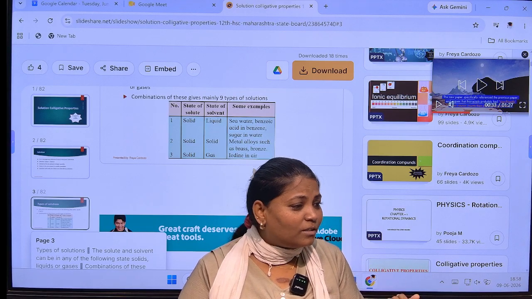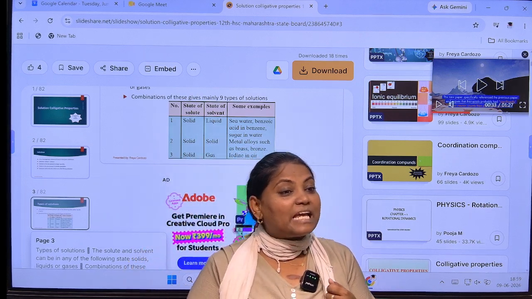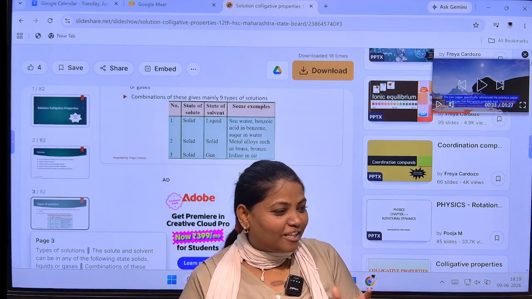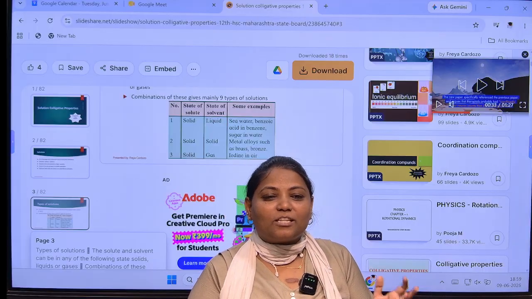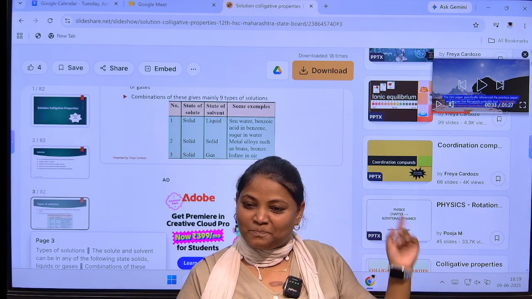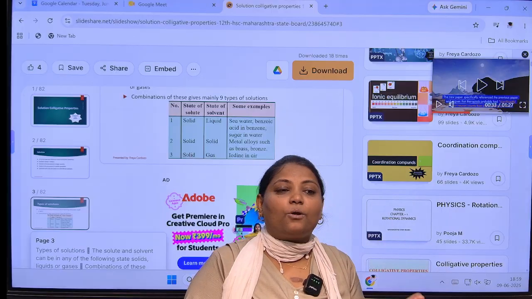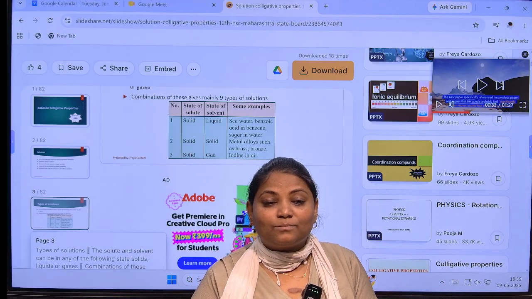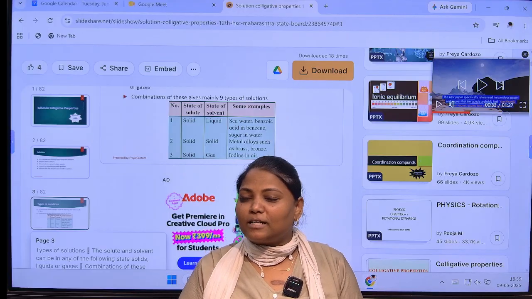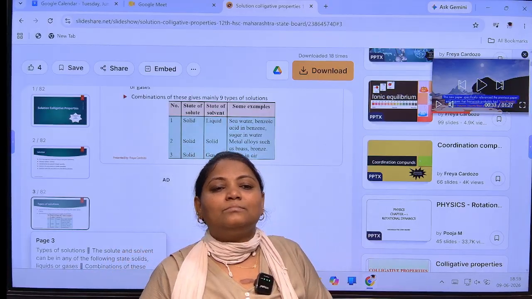Is it pure gold? No, it's an alloy. Have you heard about stainless steel? Stainless steel utensils don't burn, they heat up quickly, and food gets cooked. Hardware, cookware. It is nothing but a solid-solid combination. Both the solute and solvent are solid, but we call it a solution because they come together and form a new product.